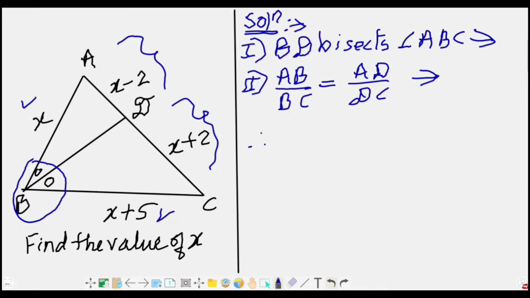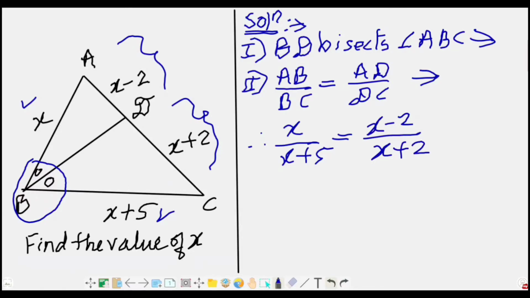Now substitute the values. So x upon x plus 5 will be equal to x minus 2 upon x plus 2. Now what is asked to find? Value of x. So just cross multiply. When you multiply x with x plus 2, you will get x square plus 2x.